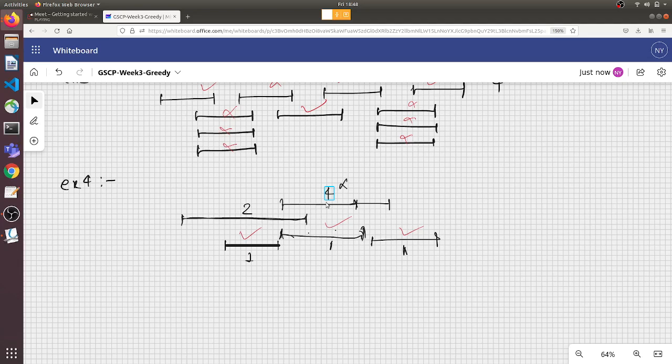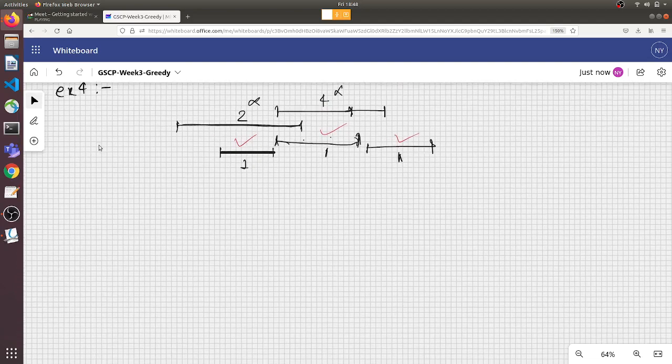So you're saying that this will work here? Yeah, because we will then discard this and not this. Well, this works for this example. We'll again have to see if it works.